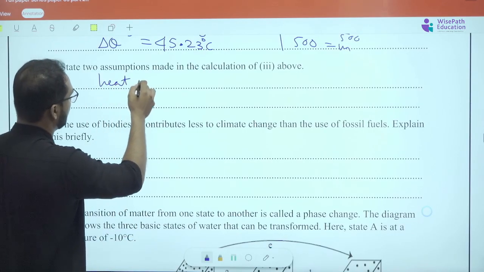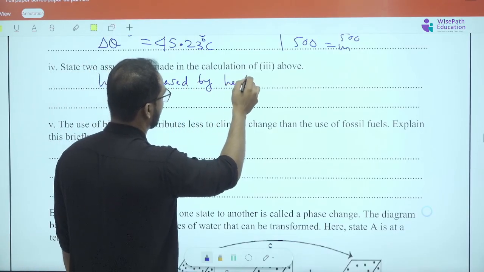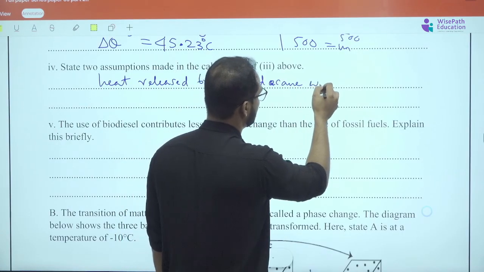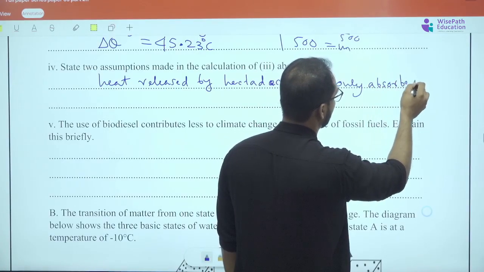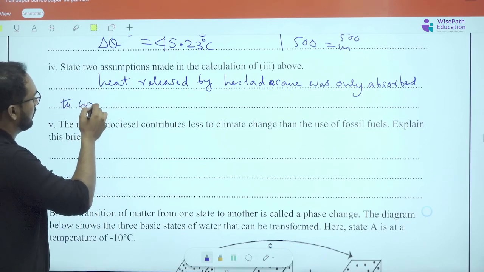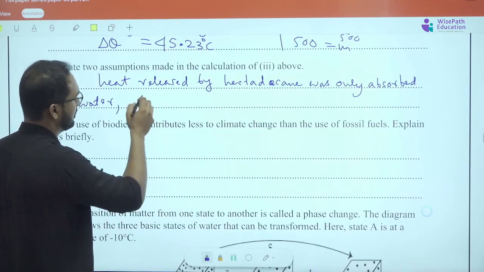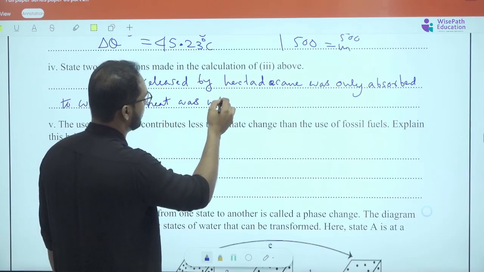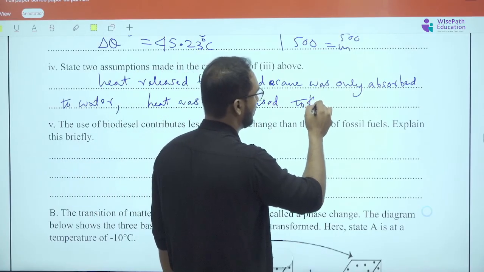Heat released by the decane was only absorbed by the water. That is one assumption. Heat was not released to the environment.